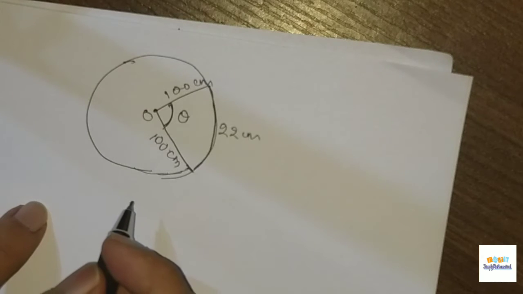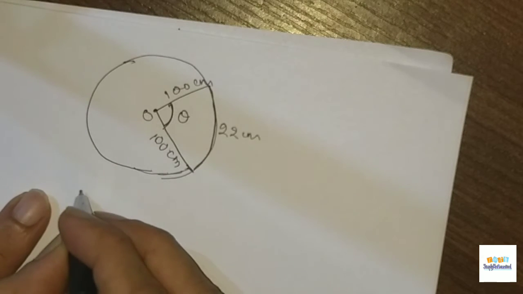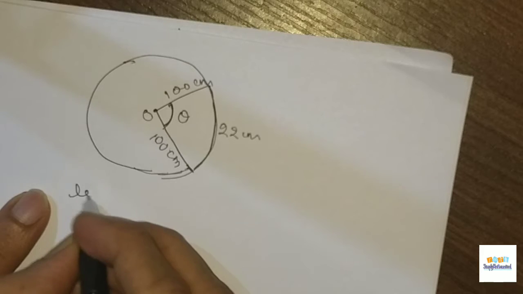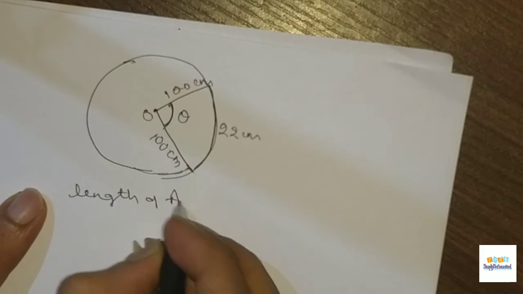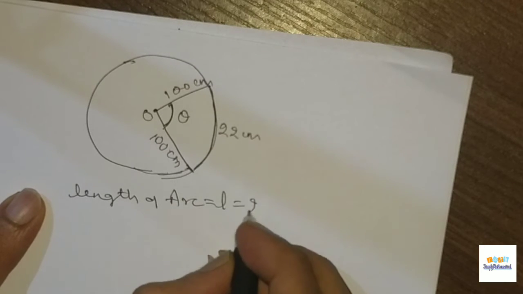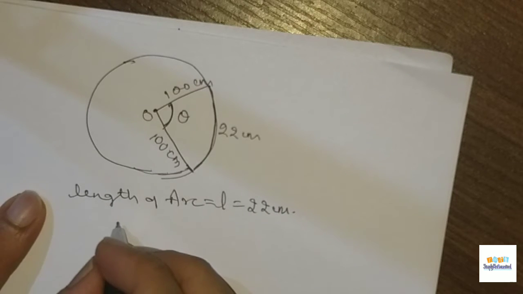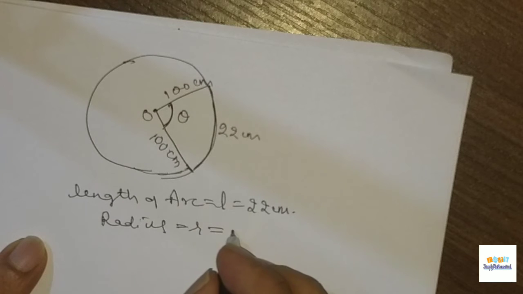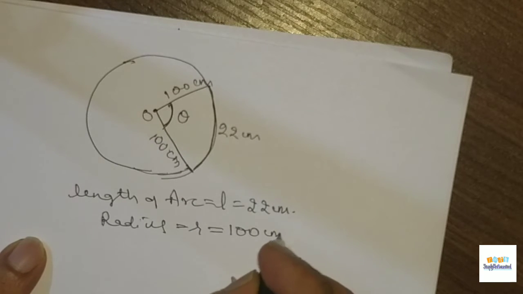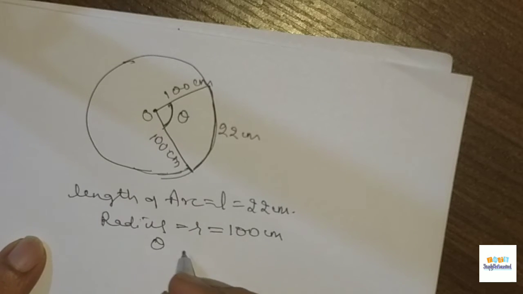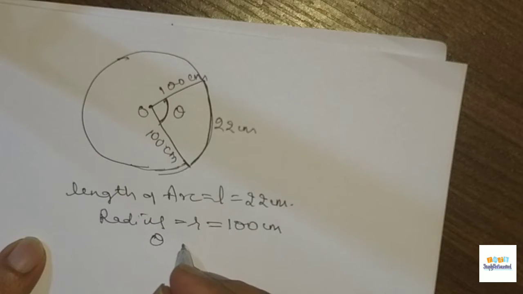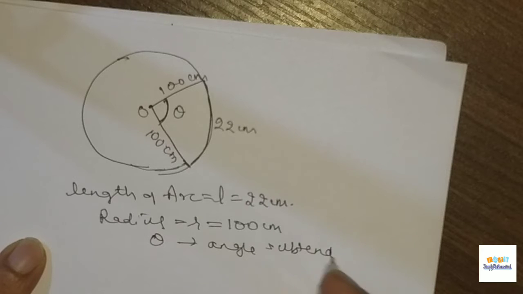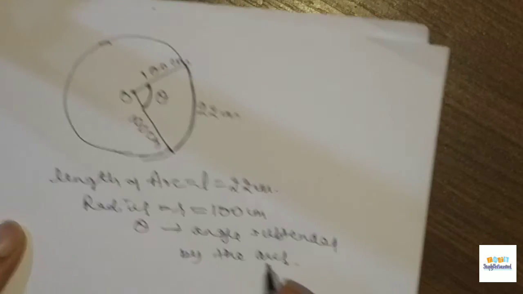Now we'll write the symbols, whatever we have. Length of arc is L, which is given to be 22 centimeter. Then radius, which is R, is equal to 100 centimeter, and theta is the angle subtended by the arc.